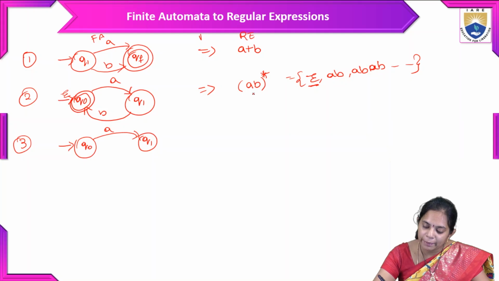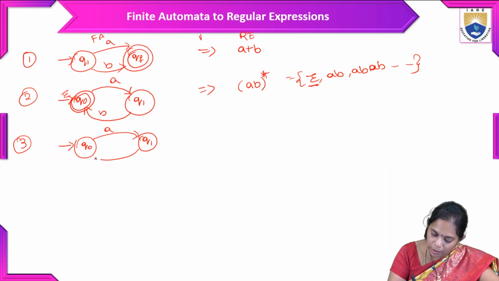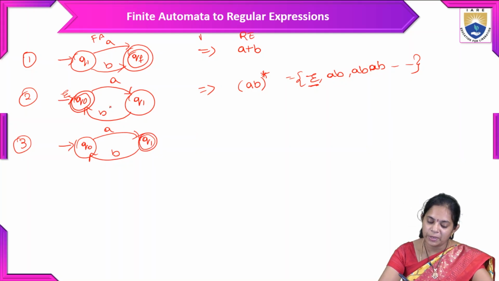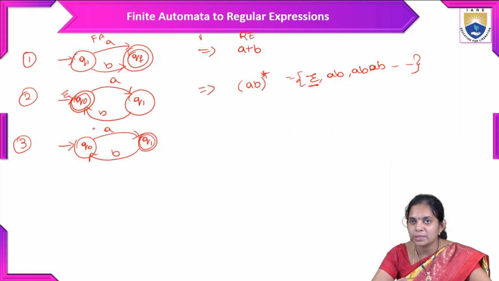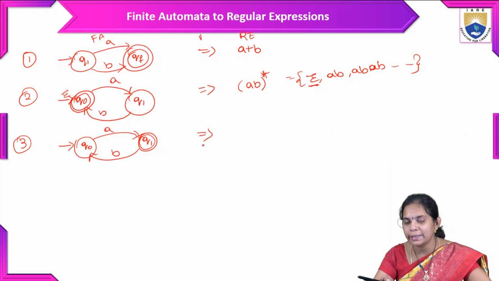We already saw AB star. Now we will check for A, B. The final state here is q1. So we just changed the final state. In the previous example q naught was the initial and final state, and here q1 is the final state. For this kind of finite automata, how will we write the regular expression?